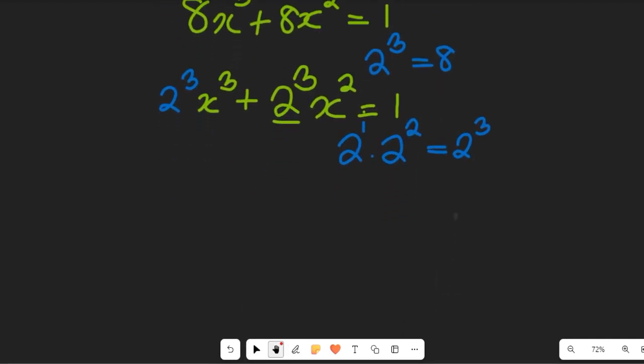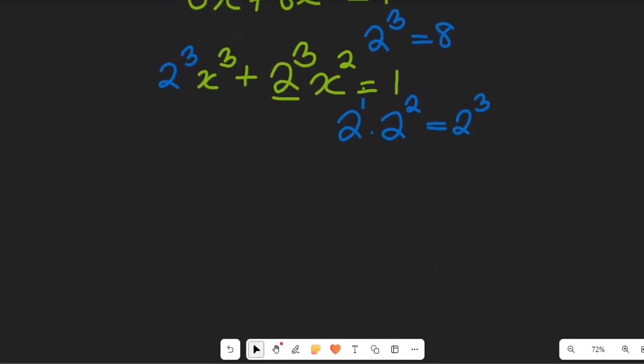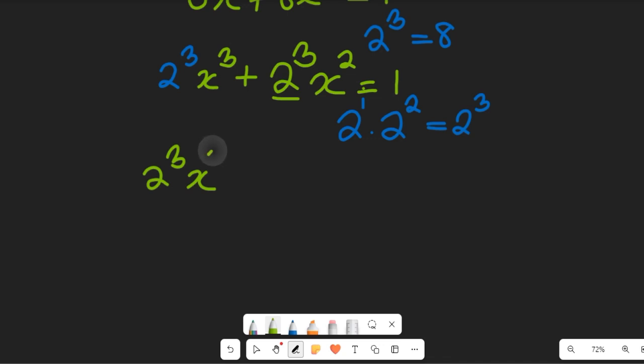So I will have 2 to the power of 3 multiplied by x to the power of 3, plus 2 multiplied by 2 to the power of 2 multiplied by x to the power of 2, equal to 1. That way, I have 2 and x having the same power.